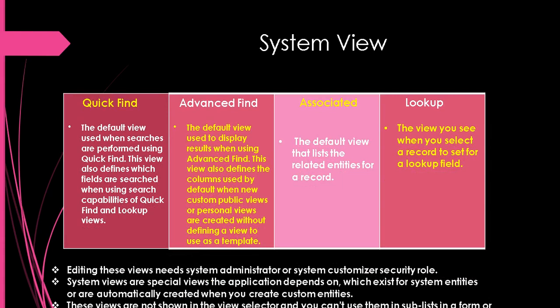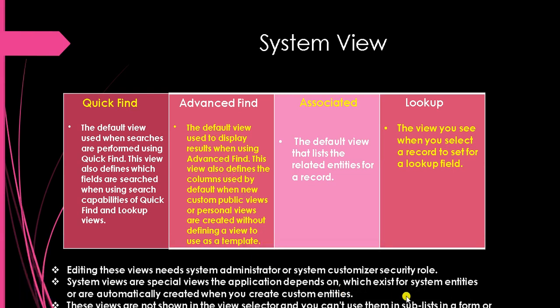Next is system view. Editing system views needs the system administrator or system customizer security role. System views are special views the application depends on, which exist for system entities or are automatically created when you create custom entities. These views are not shown in the view selector.